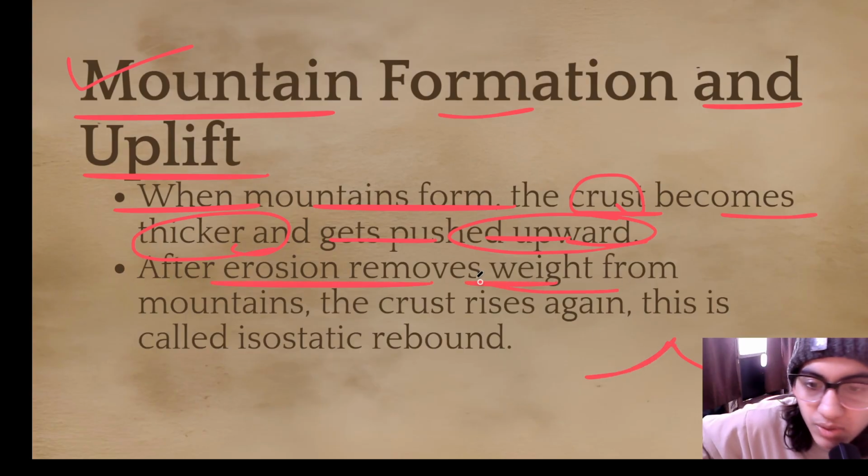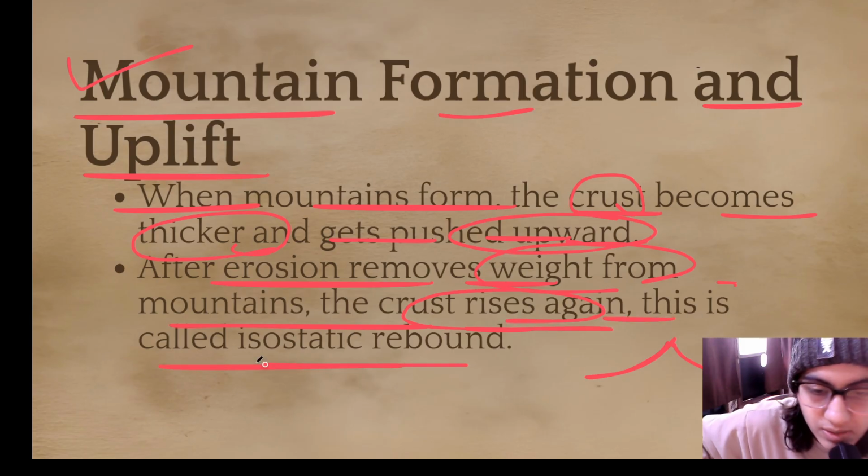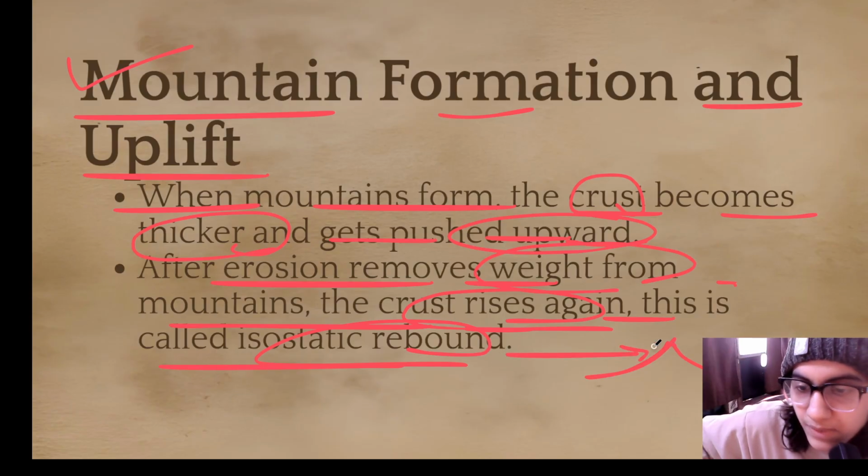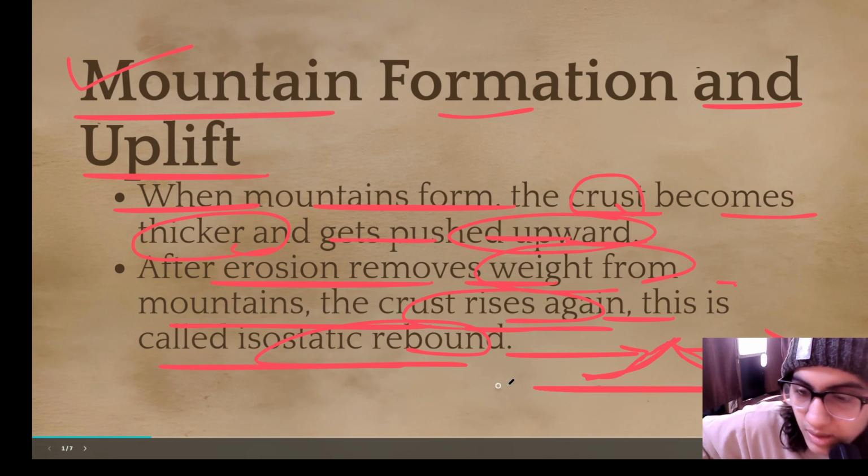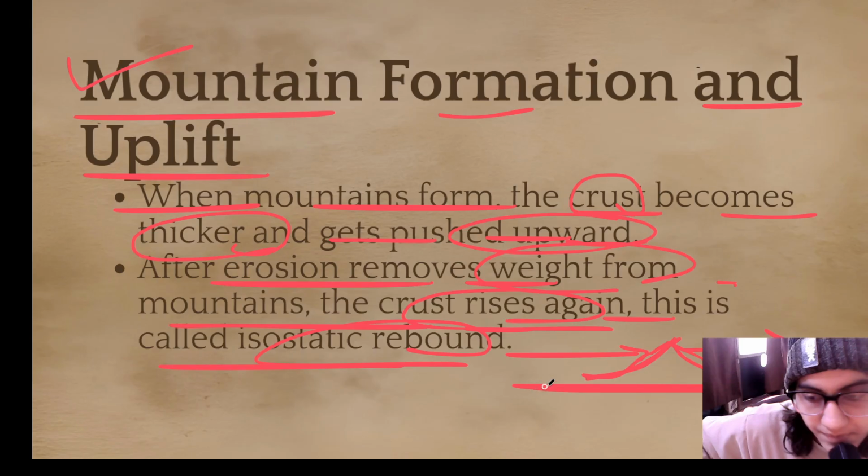After erosion removes weight from the mountains, the crust rises again. This is called isostatic rebound. After the erosion, some rocks are removed from the surface, and because of that, the crust rises again.